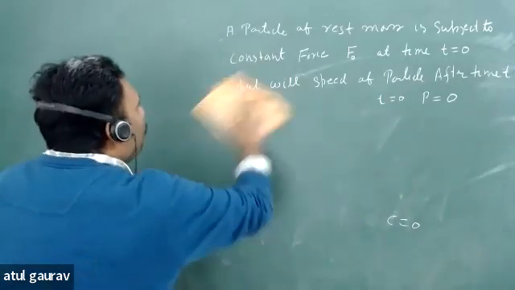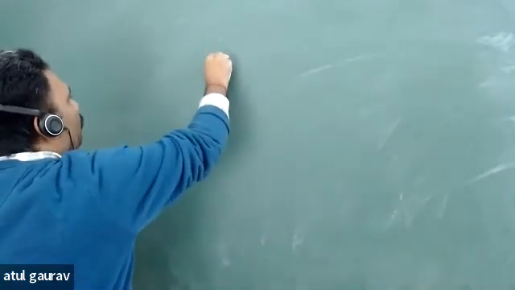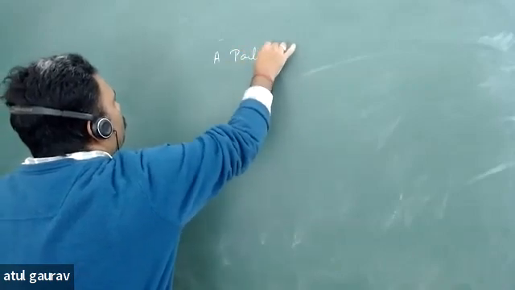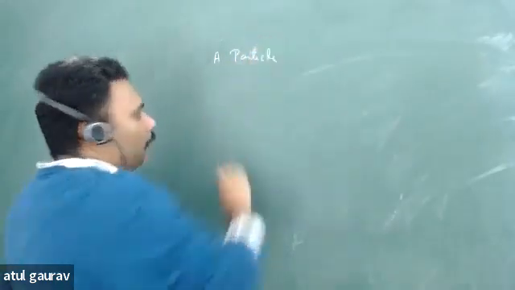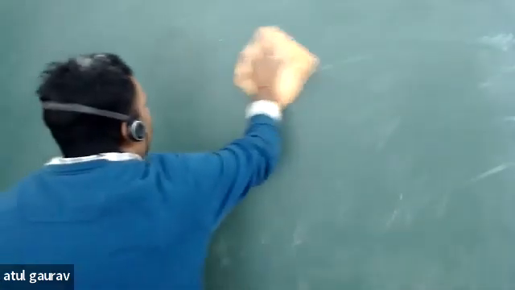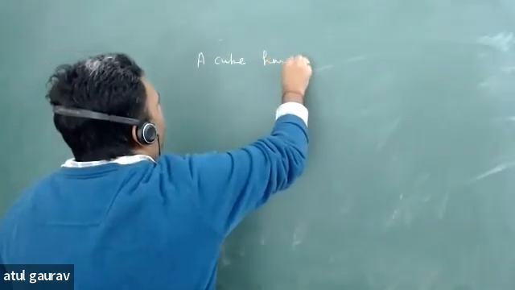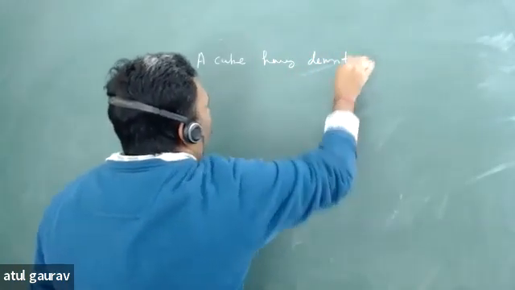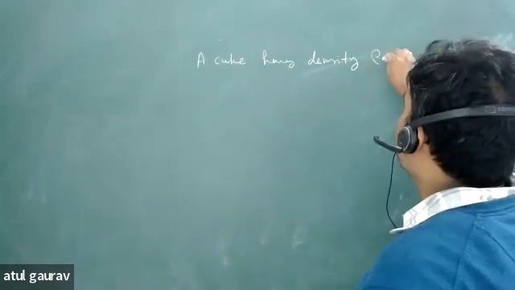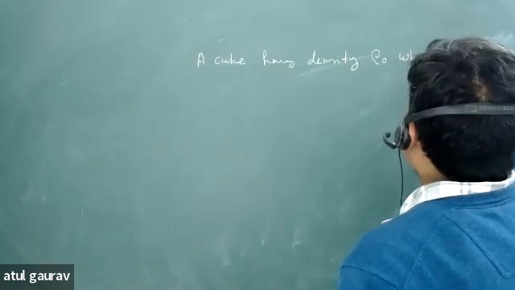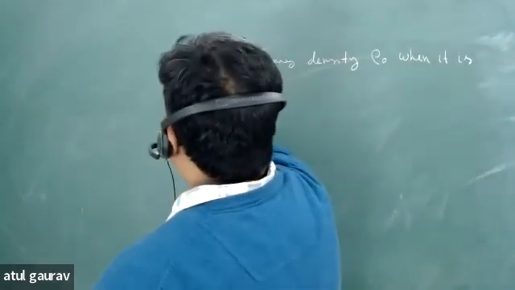You can do as many problems as you want, right? A particle, sorry, not a particle, you can just take a cube having density rho naught when it is at rest with respect to the observer.